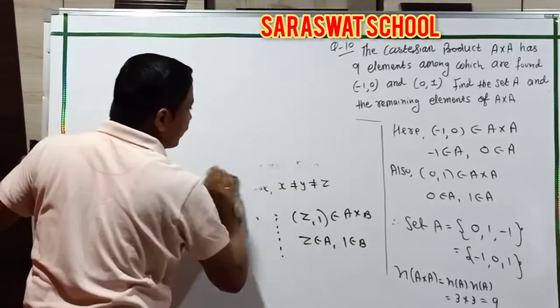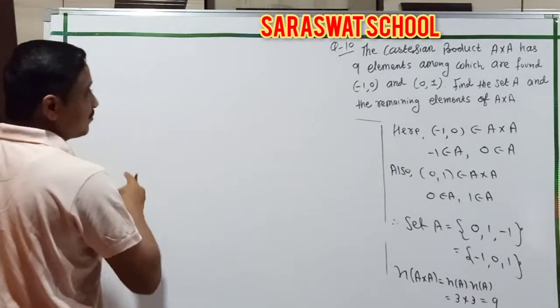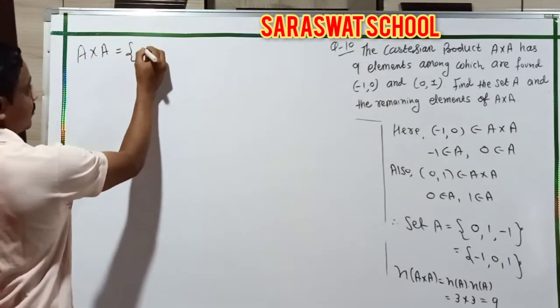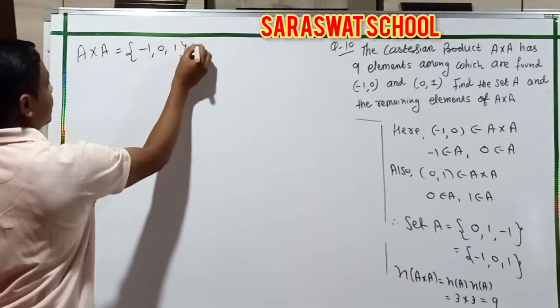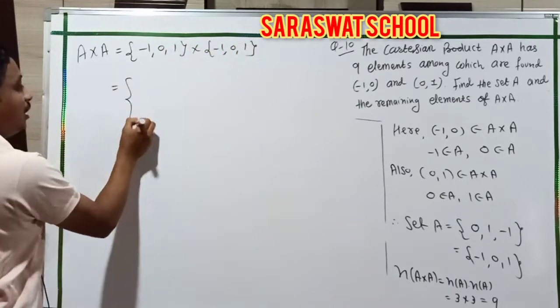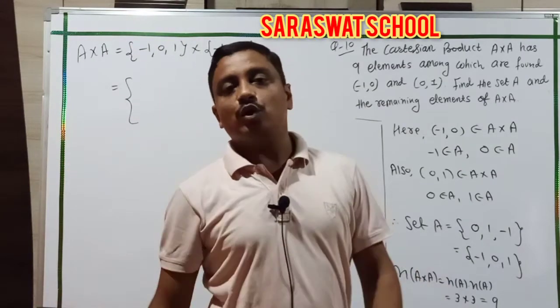So how can we find the remaining elements? It's very easy. So now I go to A cross A. -1, 0, 1 and -1, 0, 1. Only and only, students, I just prepare the A cross A elements.